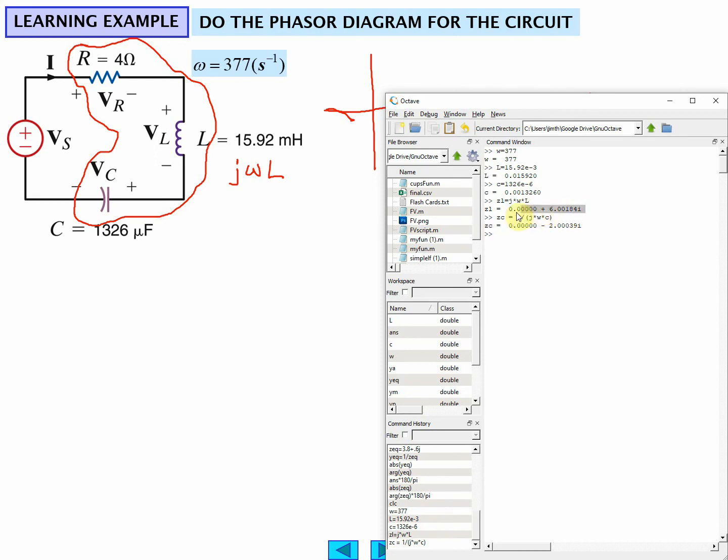So it's approximately +6 in the inductance direction and -2 in the capacitance direction on the imaginary axis, and 4 on the real axis. So we're going to have approximately a 45-degree angle.